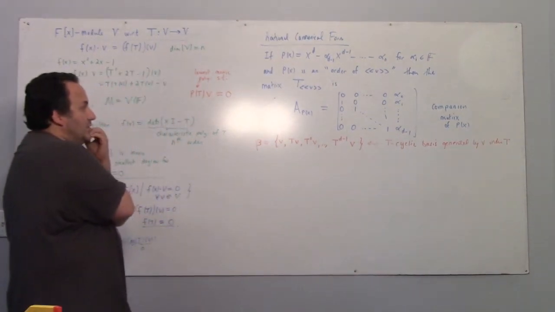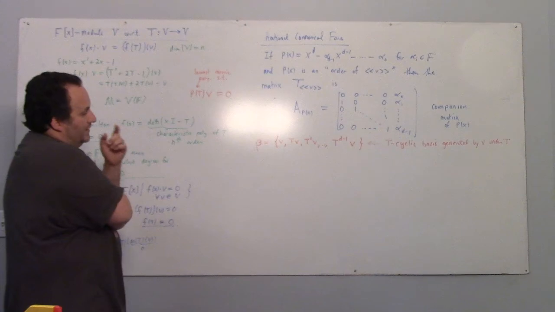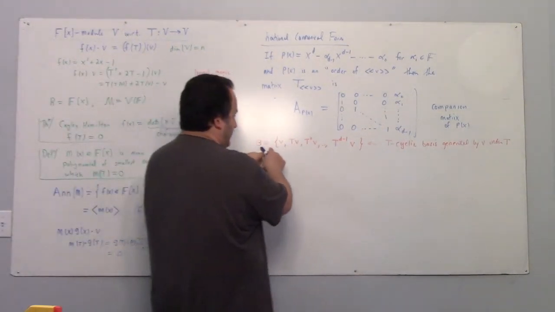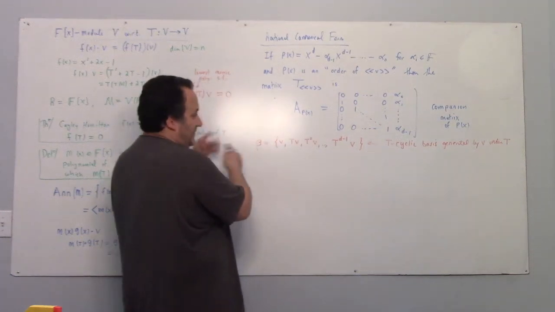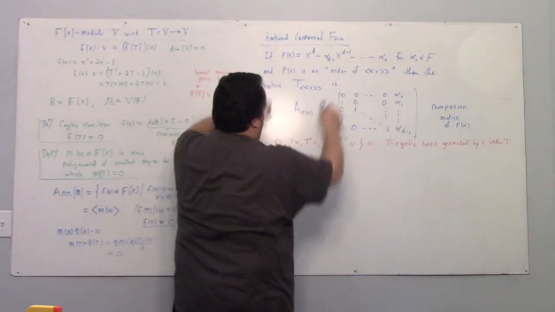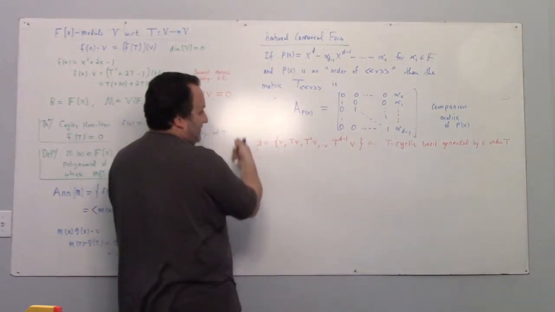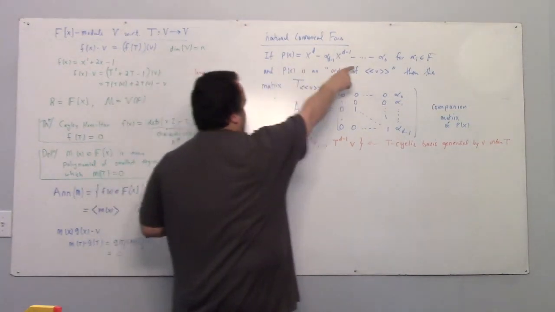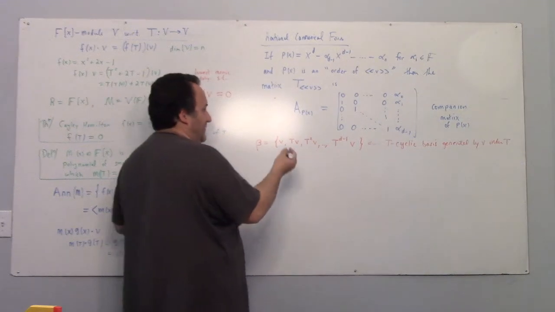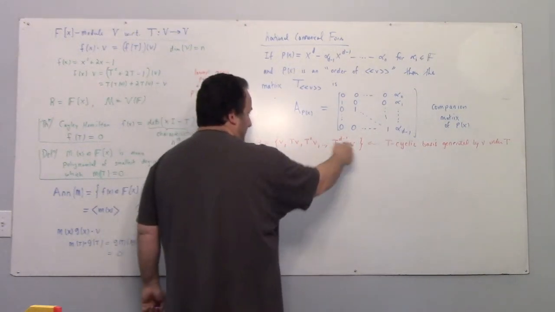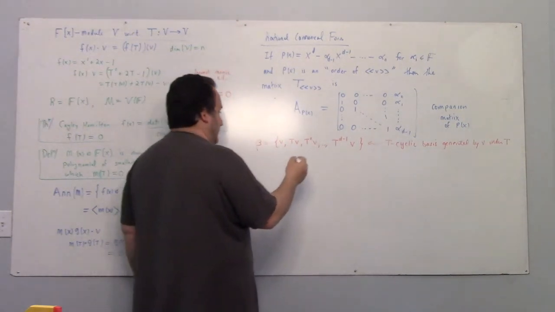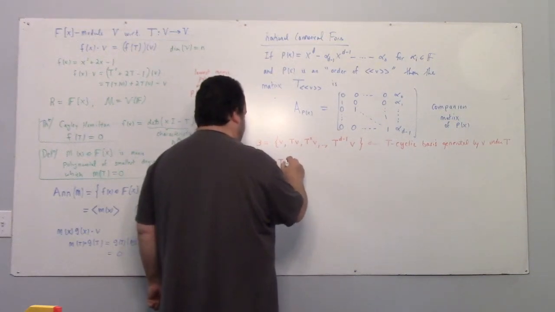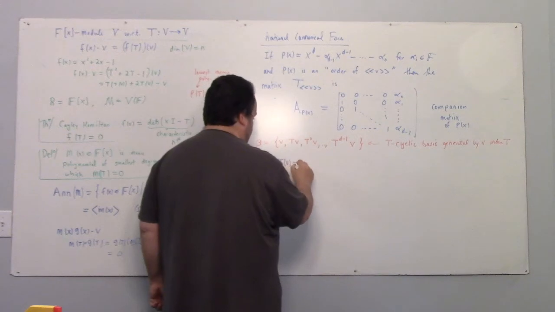Now, accepting the setup, this polynomial gives you p(T)(v) is 0, right? And p of x is that, right? If we look at this, this is the basis, right? So what's T of the first thing equal to?